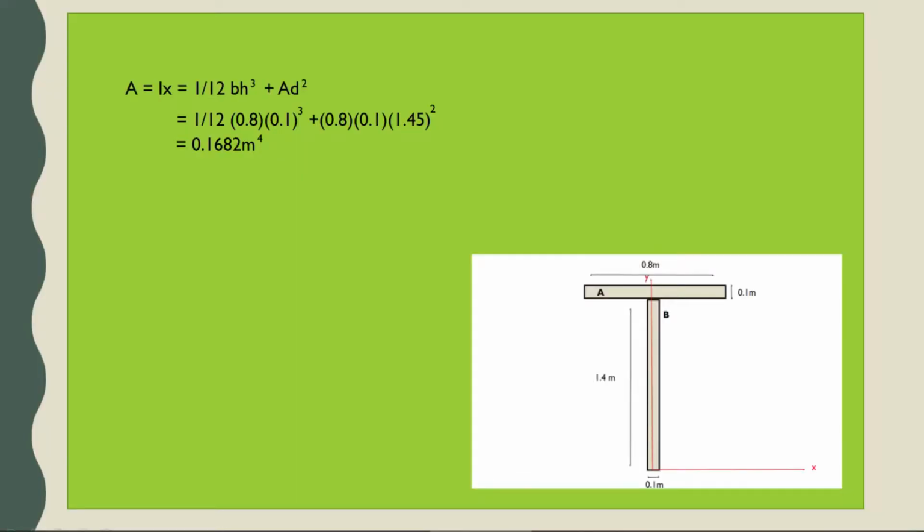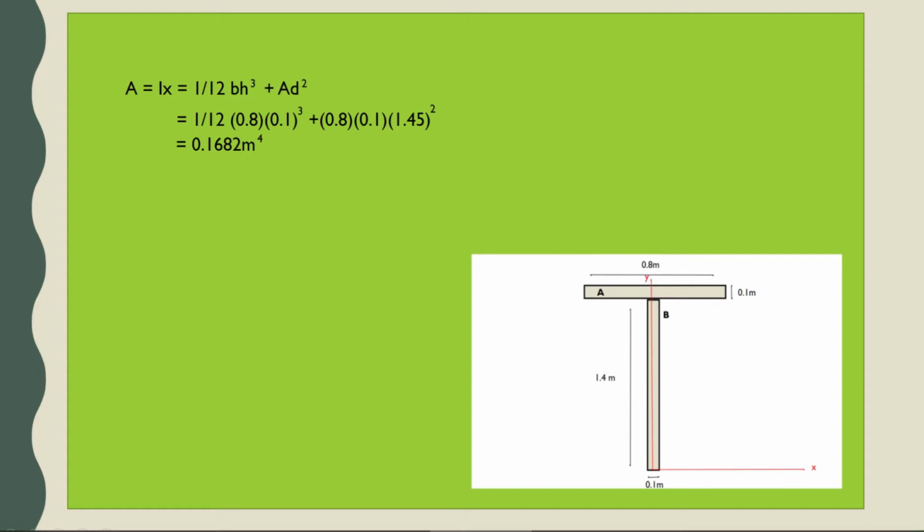At the A part, we calculate using the formula for the centroidal axis, which is 1 over 12 bh cubed, and we need to use the parallel axis theorem because the axis is not at the centroid of rectangle A. The parallel axis theorem is Ad squared, where A is the area and d is the distance between the centroid of the shape and the original axis.